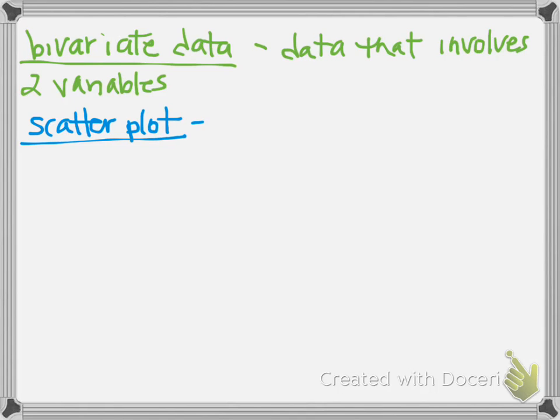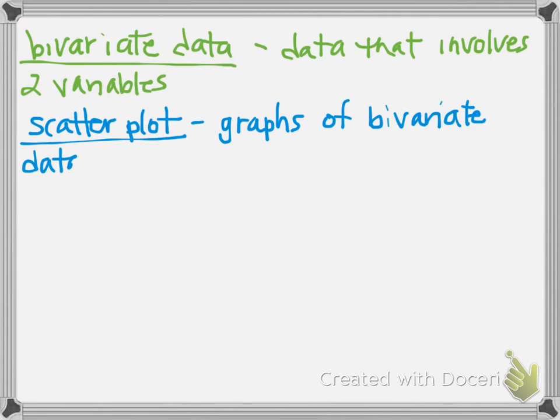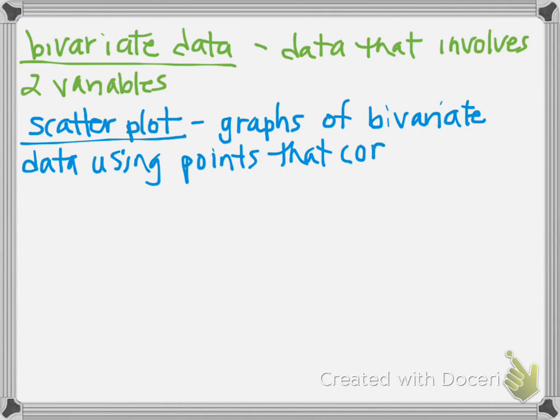So a scatter plot graphs, and this is specifically of two variables, so of bivariate data, so two categories, using points that correspond to the two variables.